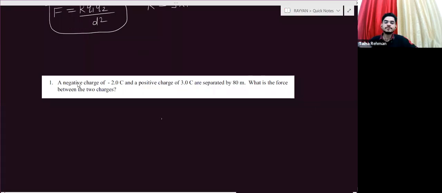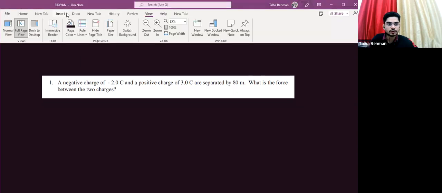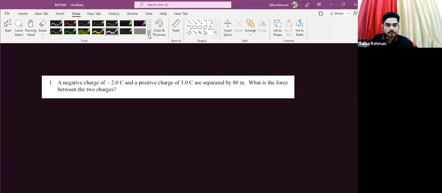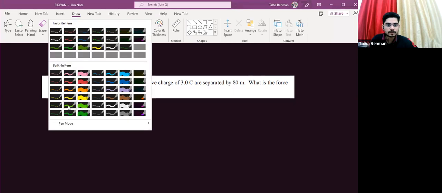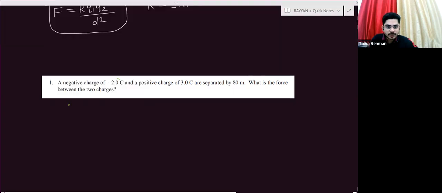They are saying a negative charge of -2 coulomb, and this is a charge of +3 coulomb. This is negative and this is positive. Will both repel each other or attract each other? Attract. Attract means here the force will be a force of attraction. Keep in mind this thing first.